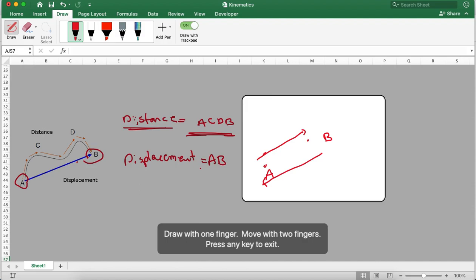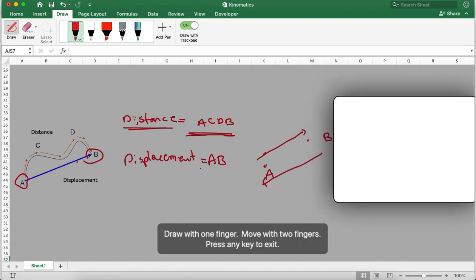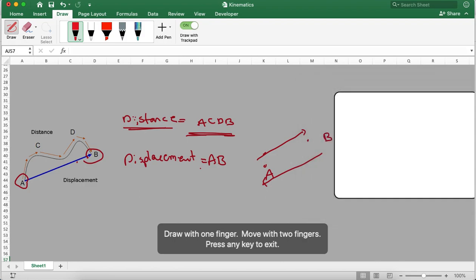The distance is A to B plus B to A, the total length. For example, AB is 5 meters and BA is also 5 meters, so the total distance is equal to 10 meters.